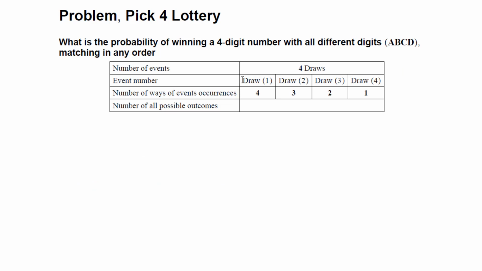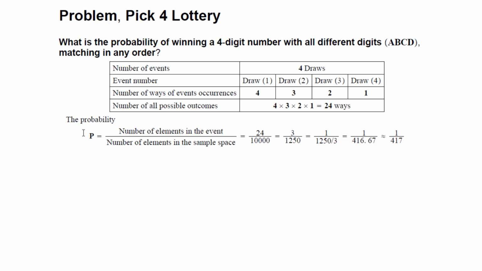The first digit can be withdrawn in 4 ways, and the second digit can be withdrawn in 3 ways, and the reason is no replacement. And the third digit can be withdrawn in 2 ways, and the fourth in 1 way only. So we multiply them together and we get 24 ways.